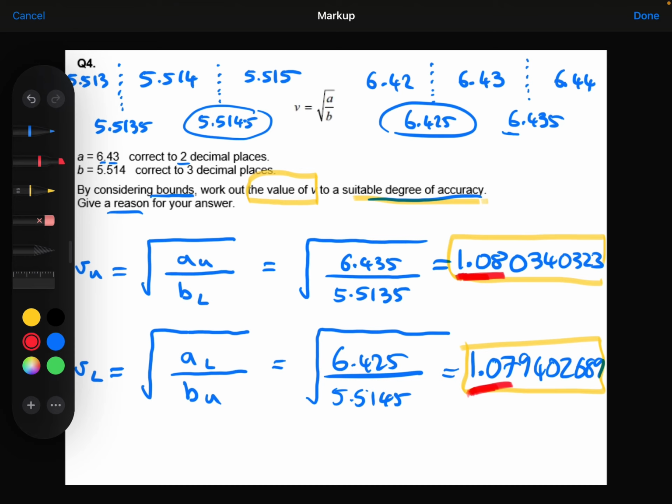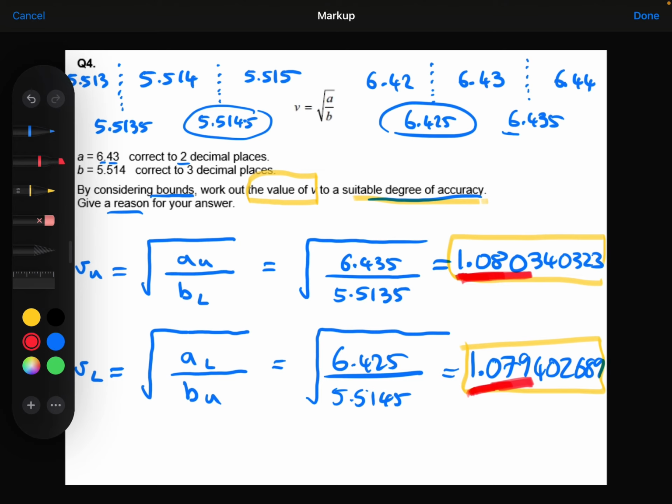We can't be any more accurate than that though, because if we tried, the upper bound would round to 1.080 and the lower bound would round to 1.079, which is not the same.